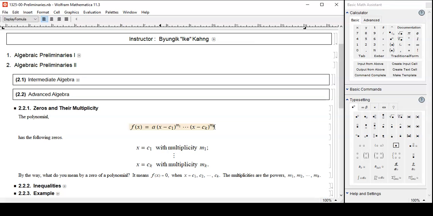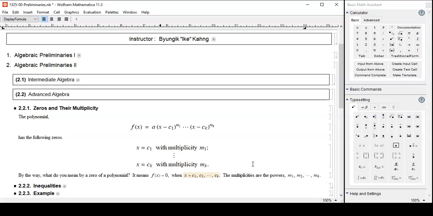That is because if you set f of x equal to 0, that means either the first factor is 0, or the second factor is 0, or the third factor is 0, or in the end, the last factor equal to 0. One of them has to be 0 because if I multiply a bunch of non-zero factors, I'm never going to get 0. So these are the zeros of this polynomial expression, c1, c2, c3, and so on.